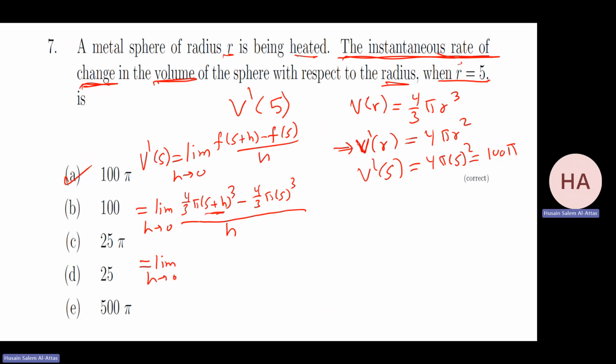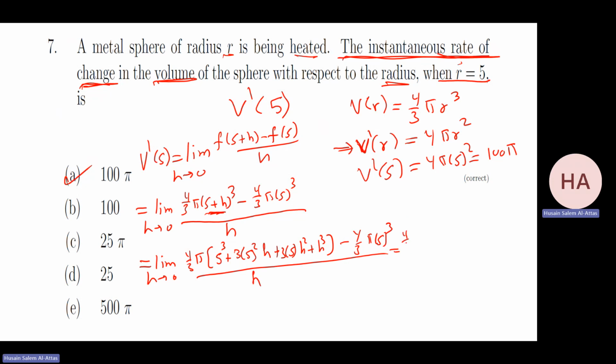I will open this. 4 over 3 pi times 5 cubed plus 3 times 5 squared times h plus 3 times 5 times h squared plus h cubed. This is how to open this cubic, the sum of x plus y all cubed, minus 4 over 3 pi 5 cubed over h.